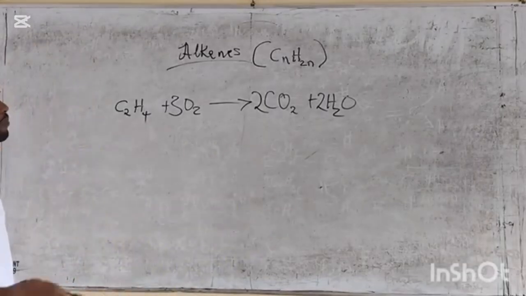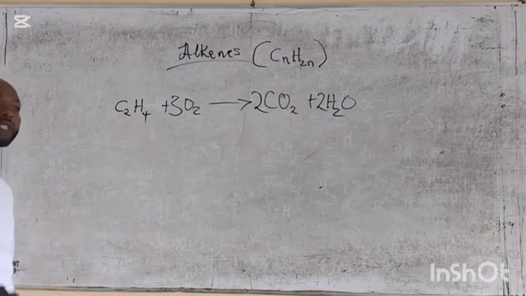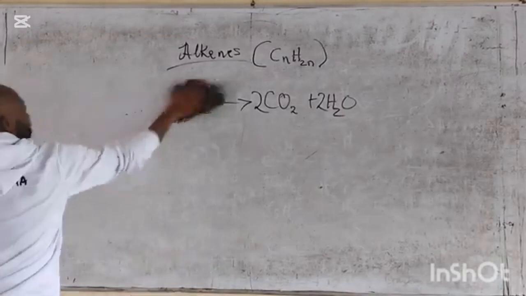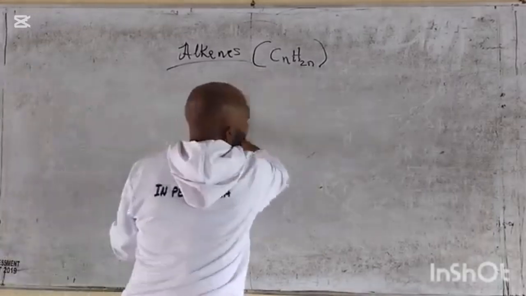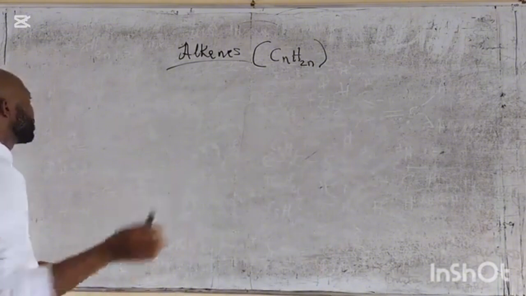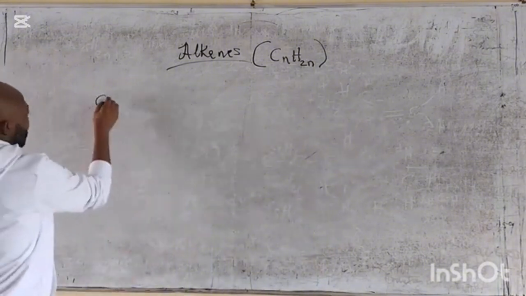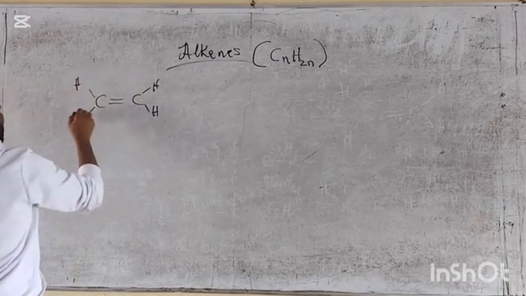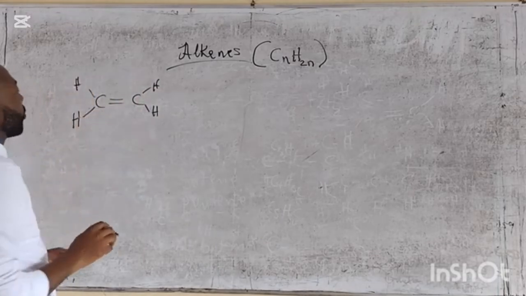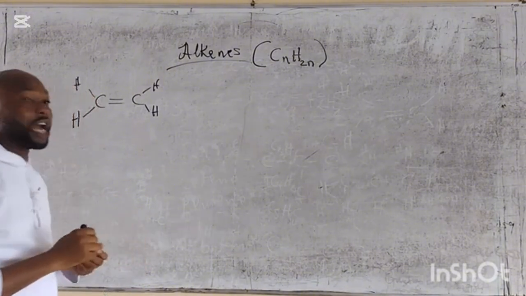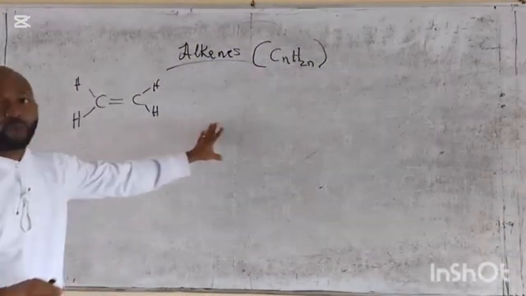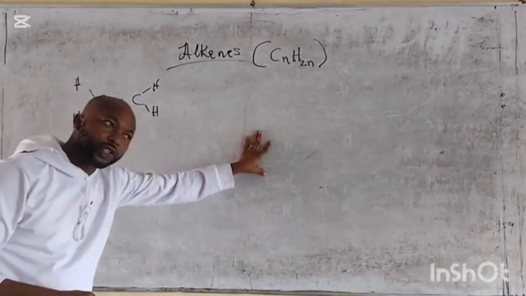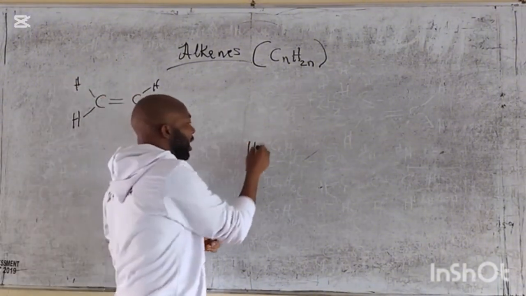So now, the basic reaction that differentiates the double bond and the single bond is the addition reaction of alkenes. Let's see that. Now, in that reaction, let's take our alkene, the first member, which is this. Now, addition reactions, we have the halogenations, which means it reacts with halogens: chlorine, bromine, iodine. We have hydrohalogenations, which is hydrogen and halogen.